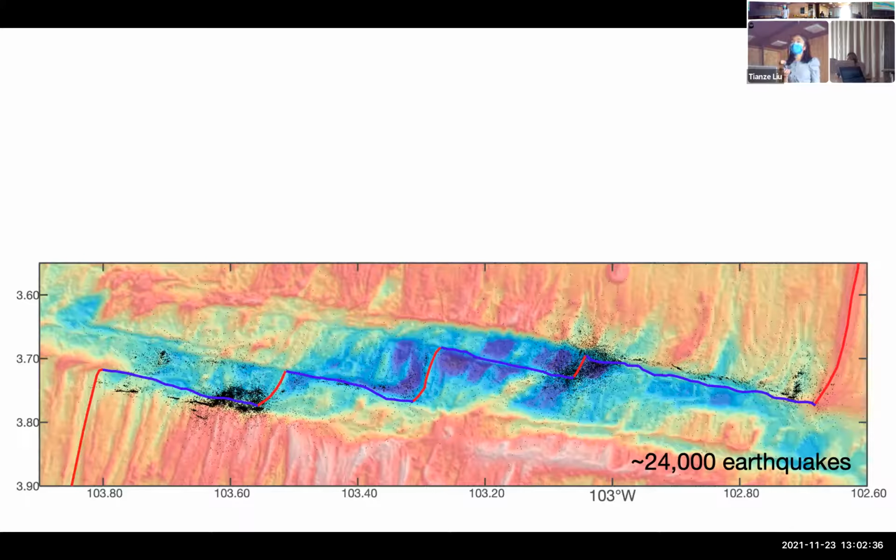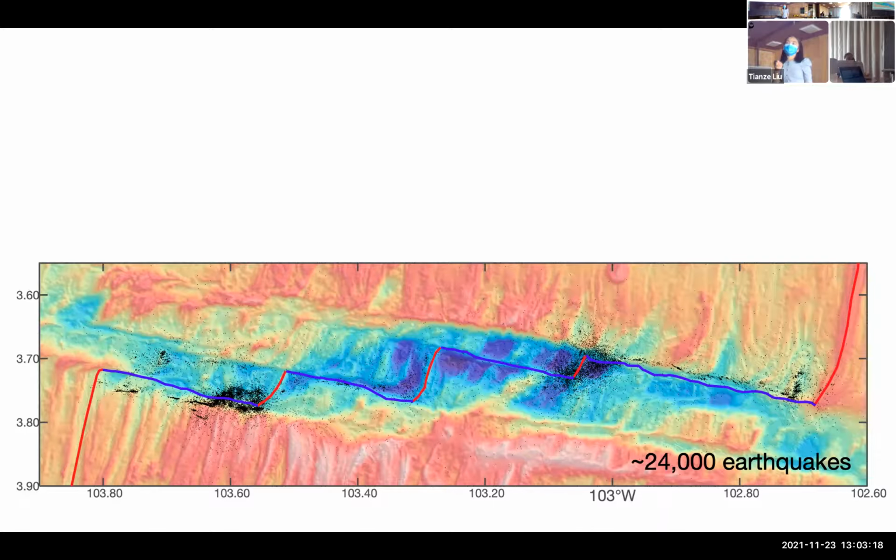Because of the sparse seismic station distribution, there can be some location bias in the final result. What we did is we have done some resolution tests, just like the tomography checkerboard. If we assume the earthquake is located here, and we generate some synthetic arrival times and do the inversion on those arrival times, they can be located back with our location procedure and the velocity model that we use.